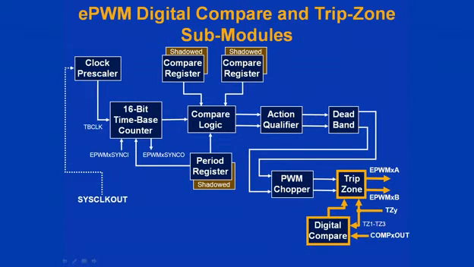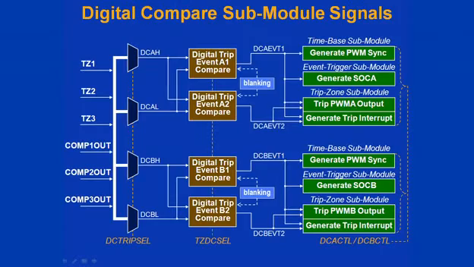The trip zone and digital compare submodules provide a protection mechanism to protect the output pins from abnormalities such as overvoltage, overcurrent, and excessive temperature rise. The inputs to the digital compare module are the trip zone pins and the analog comparator outputs.